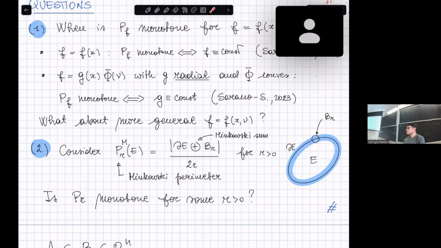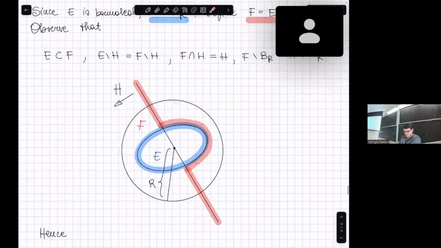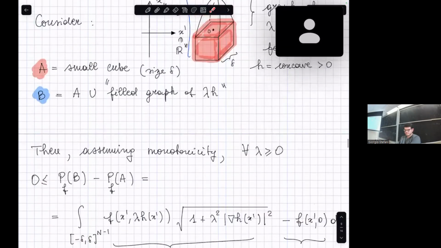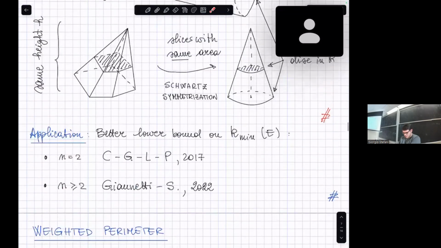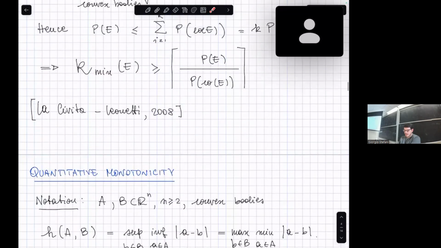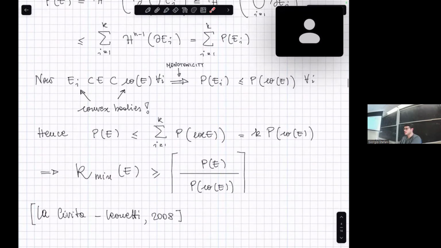Any other questions? And then avoiding the number of components, if you know how sharp the estimate is. So what do you mean by sharp? Sharp, in this context, means I have an example in which this inequality is an equality. This is trivially sharp because if you take E as a convex body, it's done.